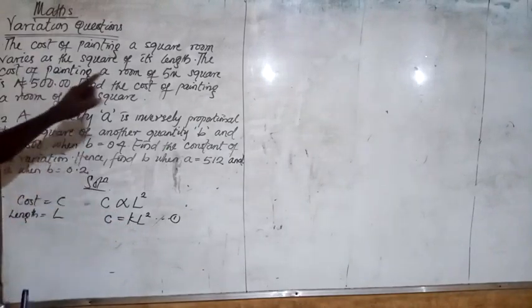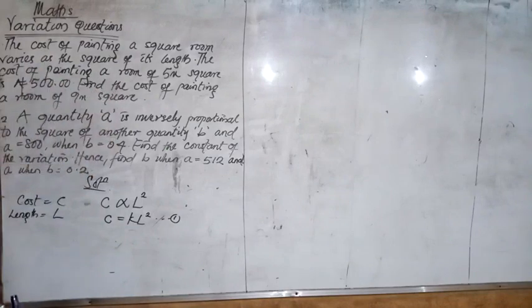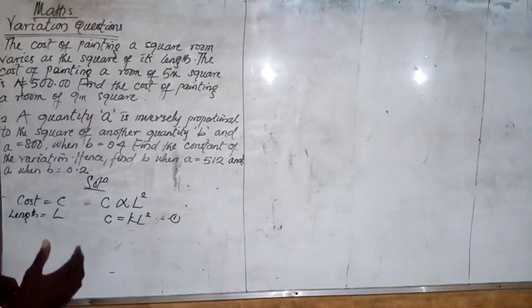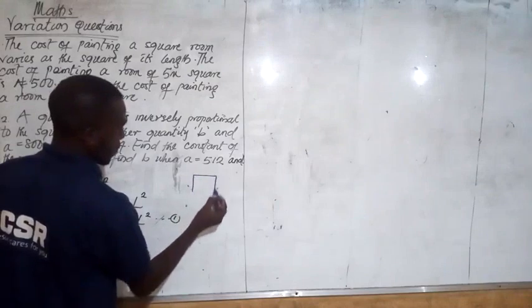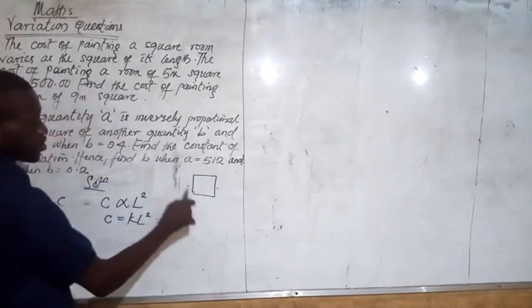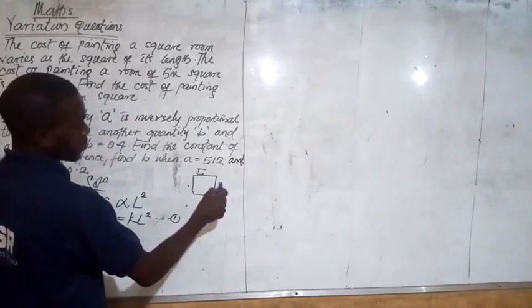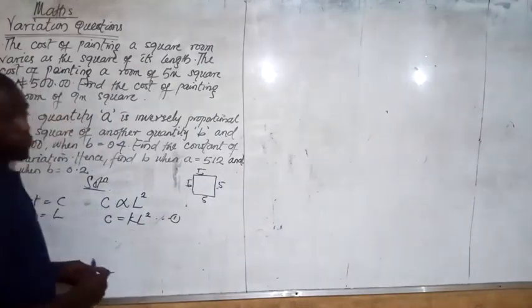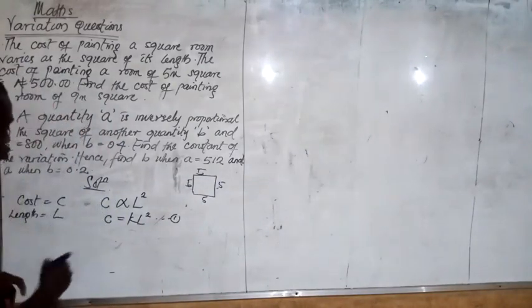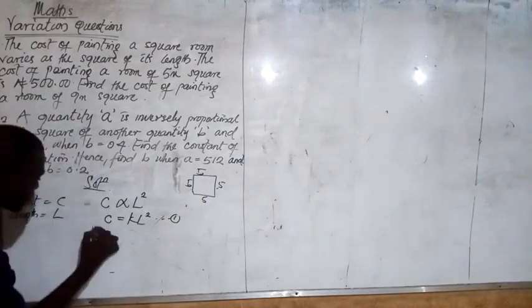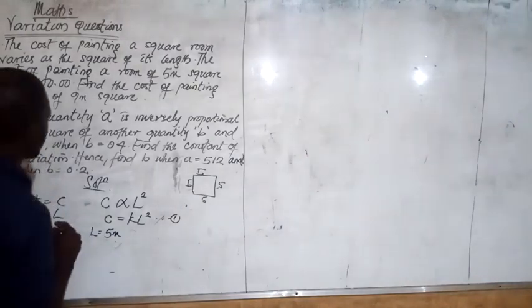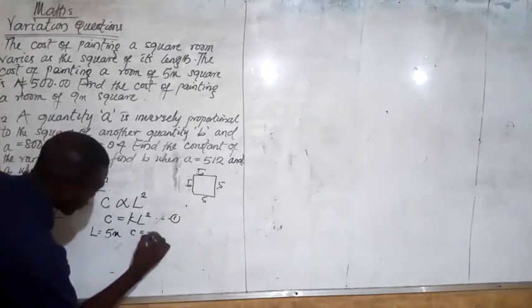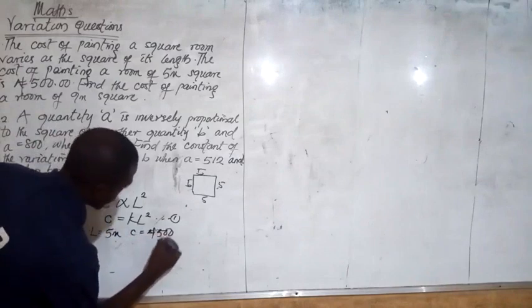It now says the cost of painting a room of 5 meters square is 500 naira. So if the room is 5 meters square, it means that the room is a square, of course, so each side of the room is 5 meters long. Our L in the first case is given to be 5 meters, and the cost is given to be 500 naira.